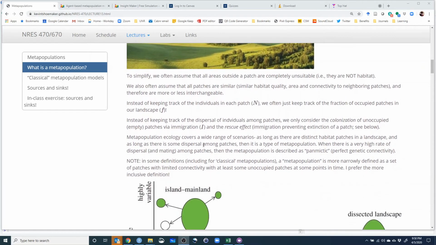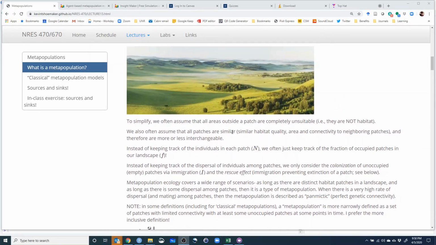All right. So again, this is a simplistic view of many systems, because in many cases, there may not be a strict boundary between habitat and non-habitat. But for now, that's how we're going to think about this. And that's really how a lot of metapopulation models are conceived of. It's a simplification that modelers make.